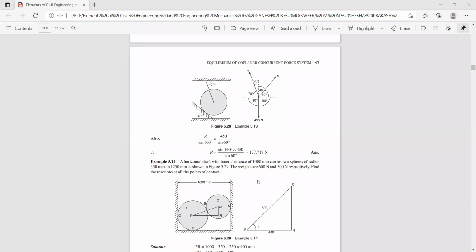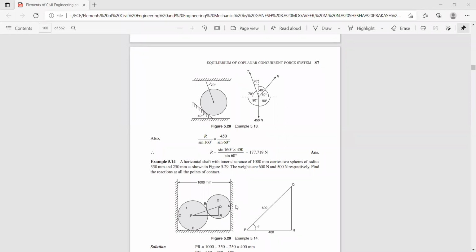Next, we have to calculate the reaction forces. One is RA, RB, RC, and RD. Now here, RC reaction force is acting like this because it is perpendicular to the plane of contact. So the reaction from the sides of the container onto the sphere acts like this, RC.